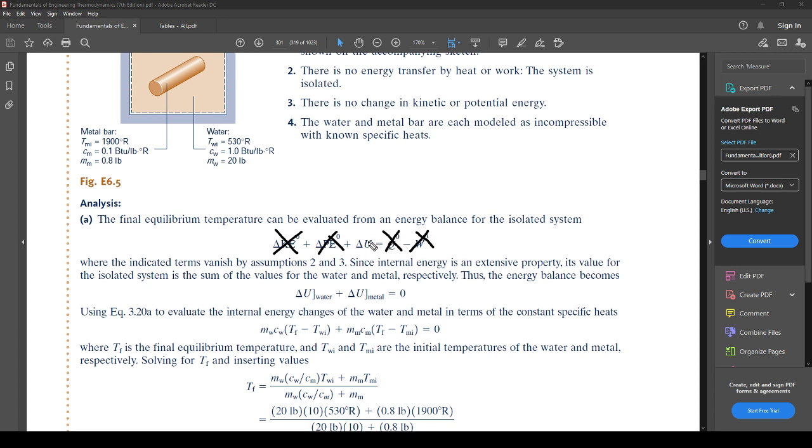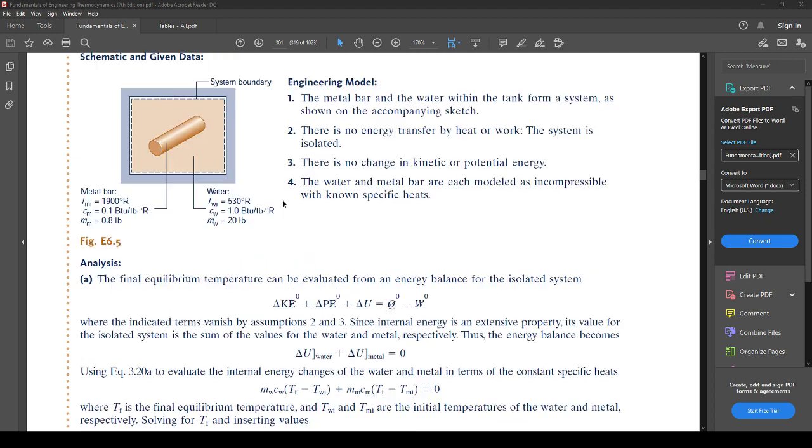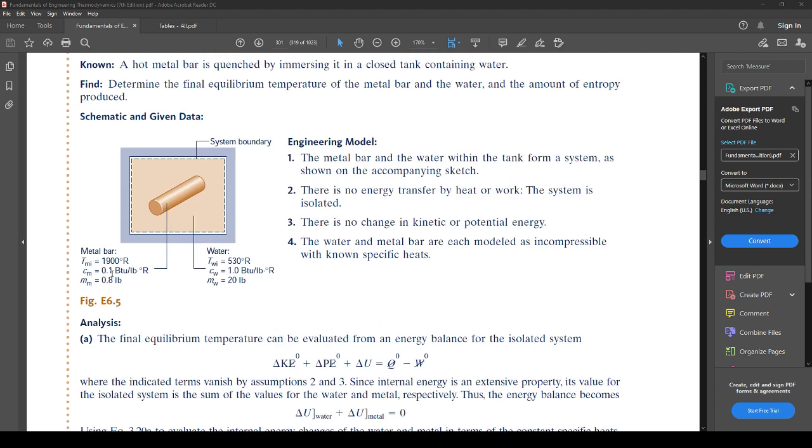And there's no work, which means that here, essentially the change of energy of the water has to equal the change of energy of the metal, right? You can think of this by inspection, right? If this bar is, as it says, 1900 degrees, it has a certain energy level. It's very hot. The water is basically room temperature water.